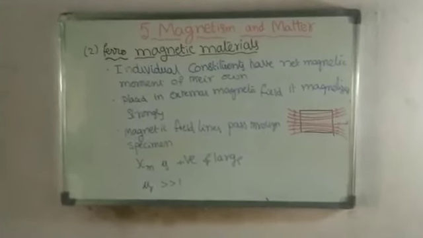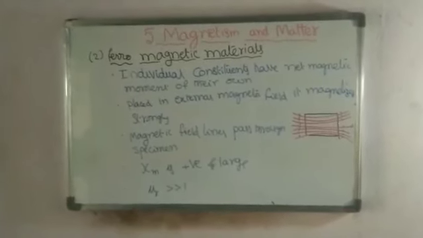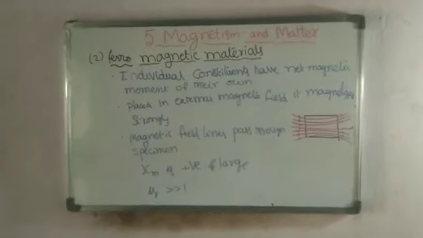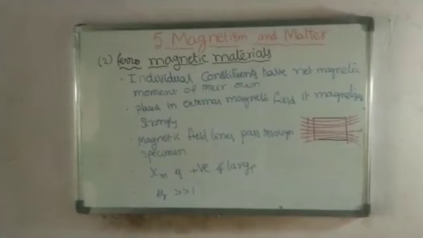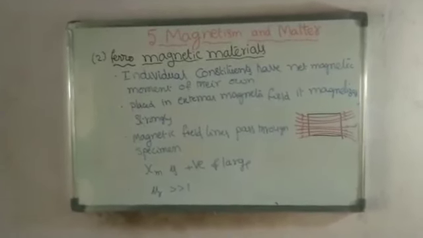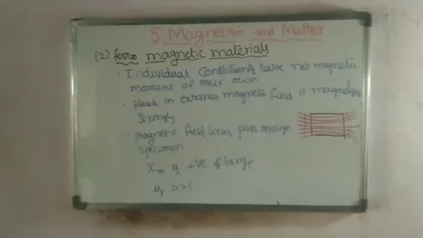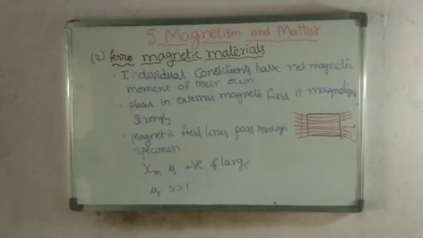Next, magnetic field lines pass through the specimen as in a paramagnetic material. Next, the susceptibility is positive and very large because it is a strongly magnetized material. Next, the permeability is also much greater than 1. So these are the properties of dia, para and ferromagnetic materials.